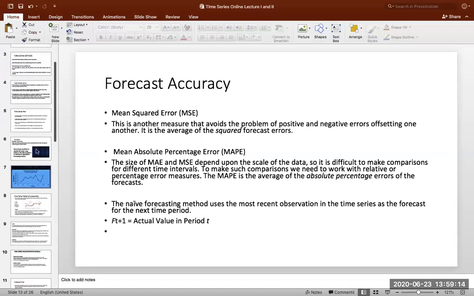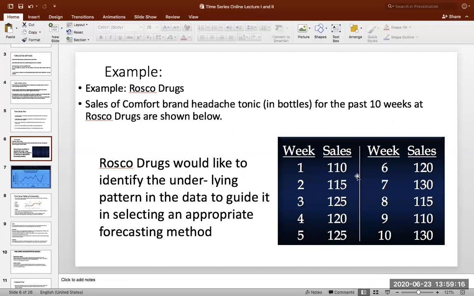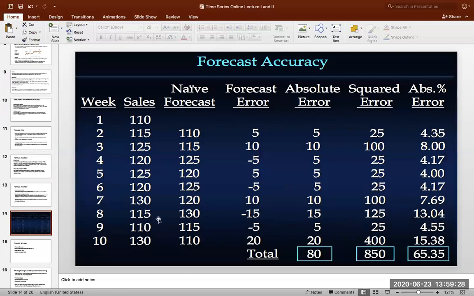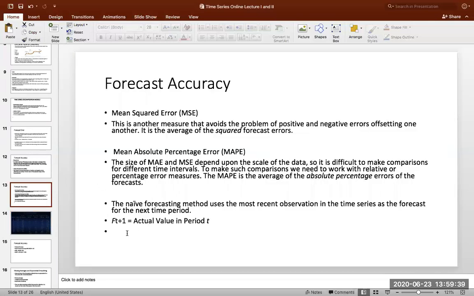So from this particular question, we are going to use it to find our mean absolute error, mean square error, and then mean absolute percentage error. So you can see that when we come here, the naive forecast, it is just a shift.